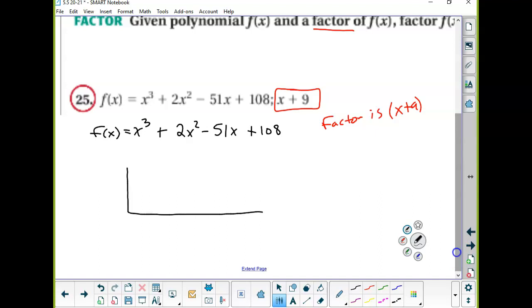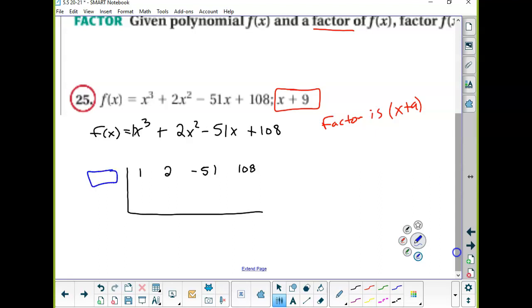What I'm going to do is take the coefficients, the numbers in front. So I'll take the 1, and then I've got the 2, and then I've got a minus 51, and a positive 108. So notice I didn't write the variables. I just wrote those pieces.